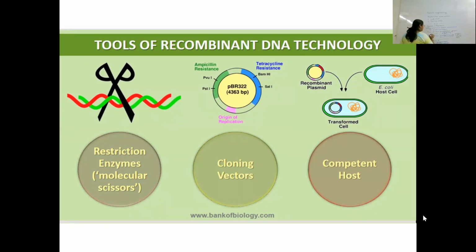Means specific site to cut. So they have a very specific site. What do we mean by site? How do they recognize the site?